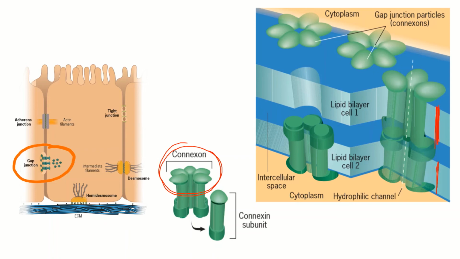But connexons sort of act like magnets. They align themselves automatically once they are near each other. So the connexons will really align with each other, and the channel between them will also align, allowing for a passageway from one cell to another.